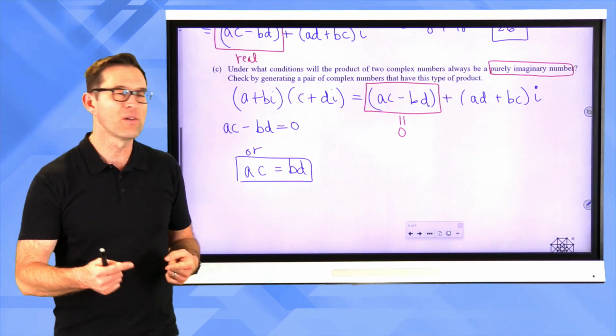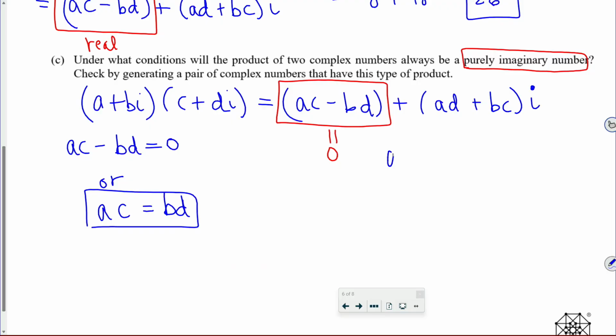Or I could even go a little bit cooler. I could say, well, let me say that a was equal to 3, and let's say c was equal to 6, right? That would make their product equal to 18. So like, let's say b was equal to 2 and d was equal to 9. And that would make their product equal to 18. So let's see if this will work.